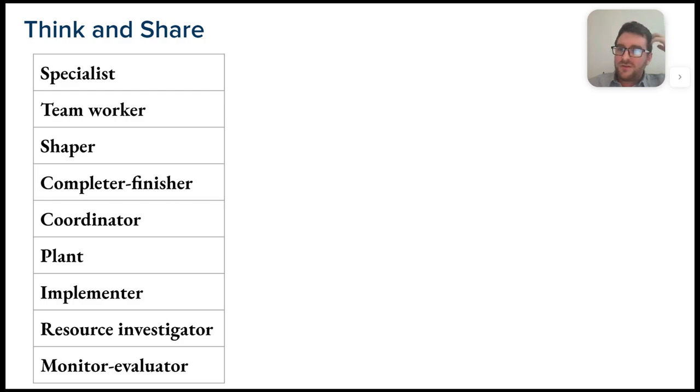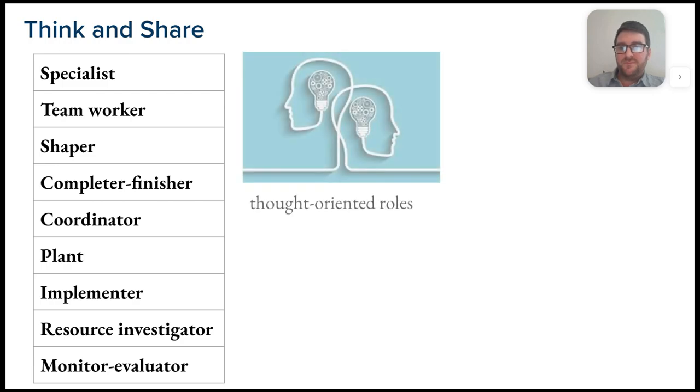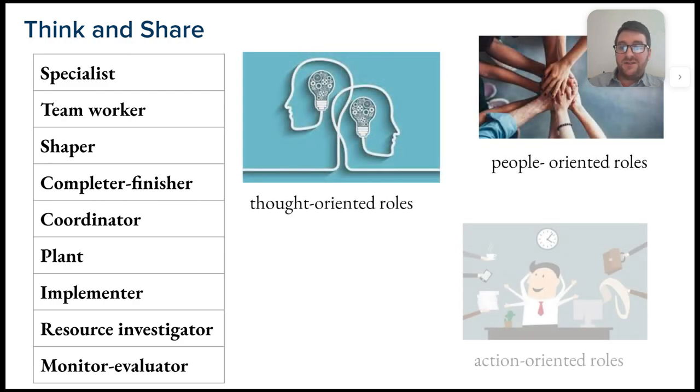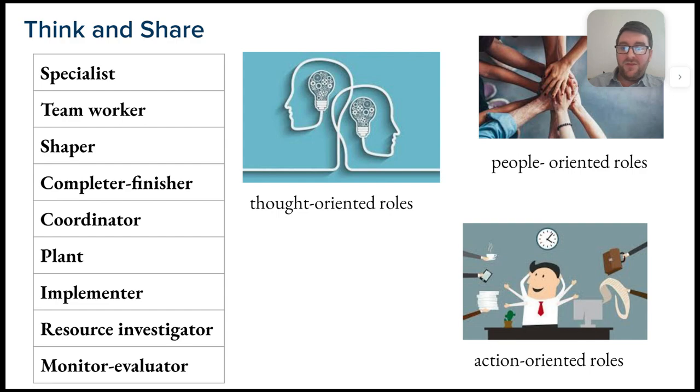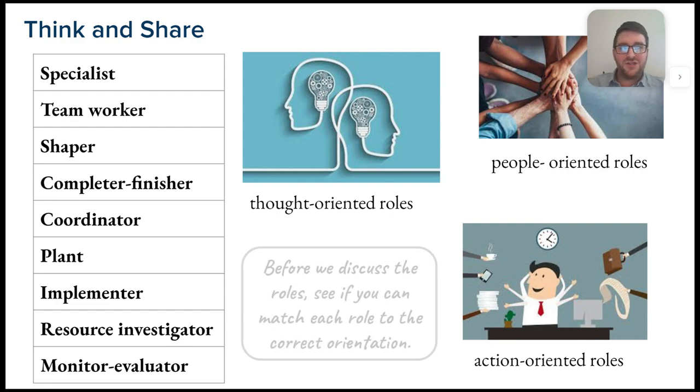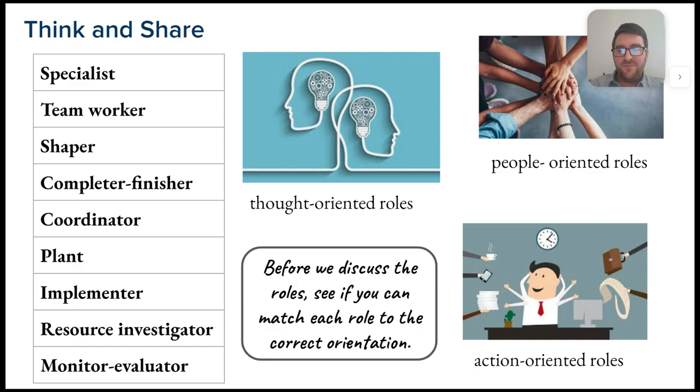These are the 9 roles as outlined by Belbin. So we've got specialist, team worker, shaper, completer finisher, coordinator, plant, implementer, resource investigator, monitor, evaluator. And these can be grouped into 3 categories: thought-oriented roles, people-oriented roles, and action-oriented roles.